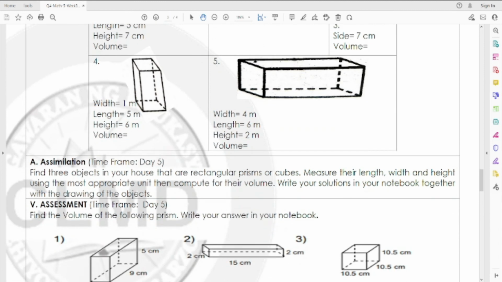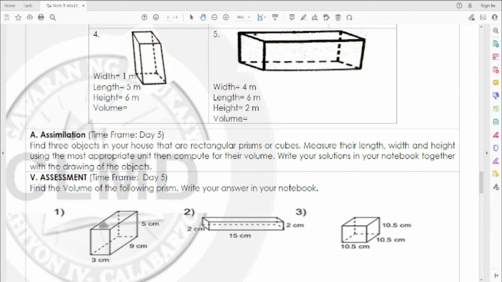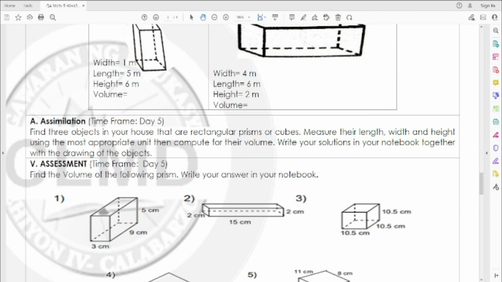And then for your next thing to do, find 3 objects in your house that are rectangular prisms or cubes. Measure the length, width, and height using the most appropriate unit, then compute for their volume.